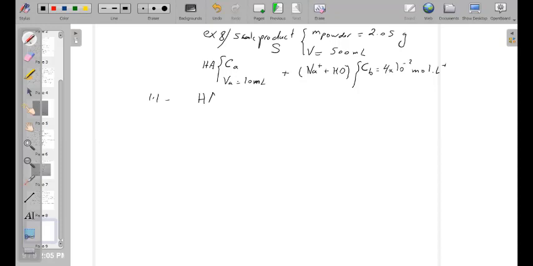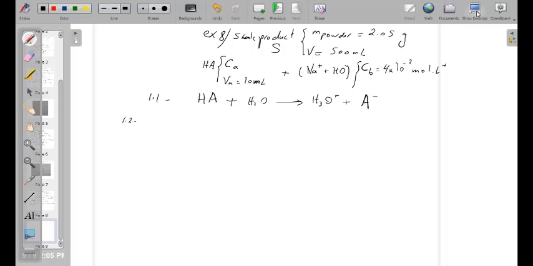Sulfamic acid is represented by HA. We put HA instead of its formula, plus water H2O. Complete reaction gives H3O+ plus A-. This is the equation of ionization of this strong acid, sulfamic acid, in water.